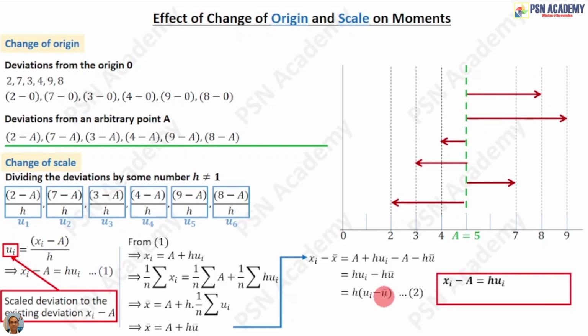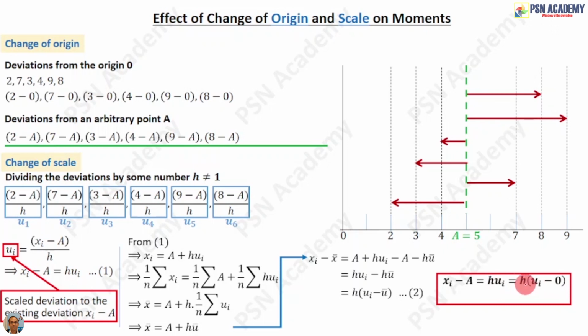So finally, xi minus a, this is equation 1, equal to h times ui. That means when you have a deviation from any arbitrary point a and you have a scaling factor h, then you will have xi minus a equal to h times ui. Now this scaled deviation, that is ui, is actually a deviation from 0.